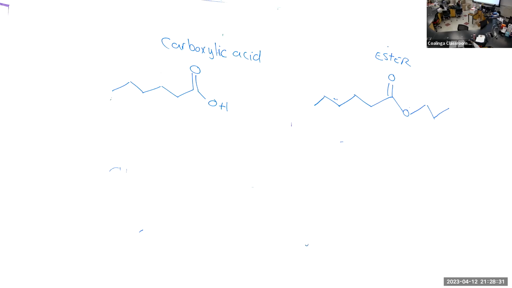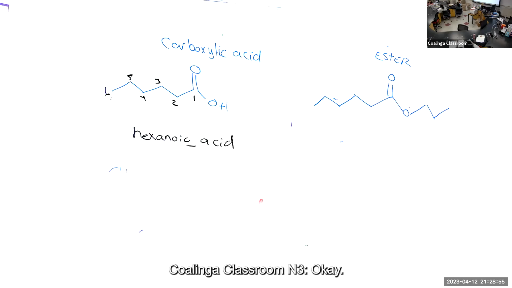So in the case of a carboxylic acid, a 6-carbon chain, we're going to put oic acid.